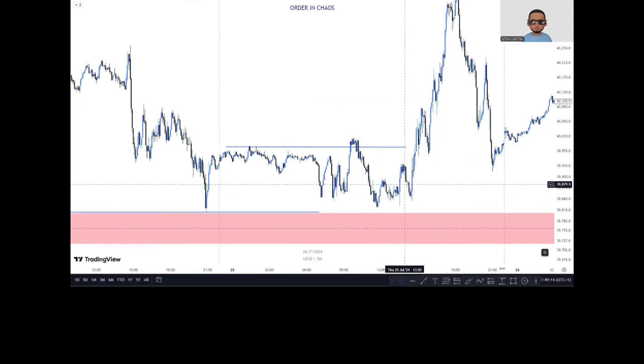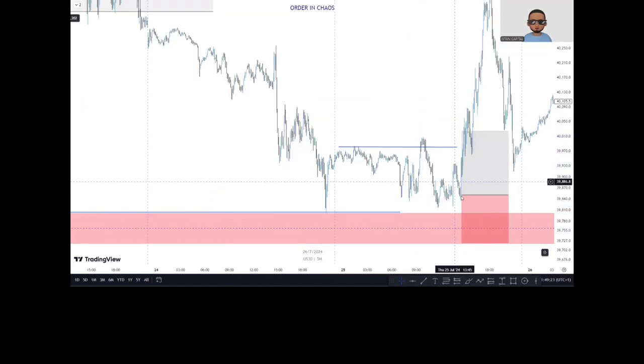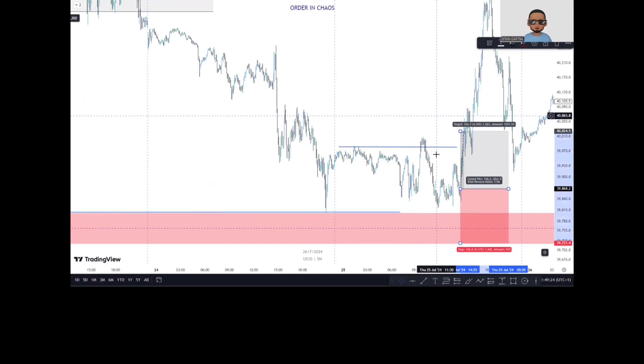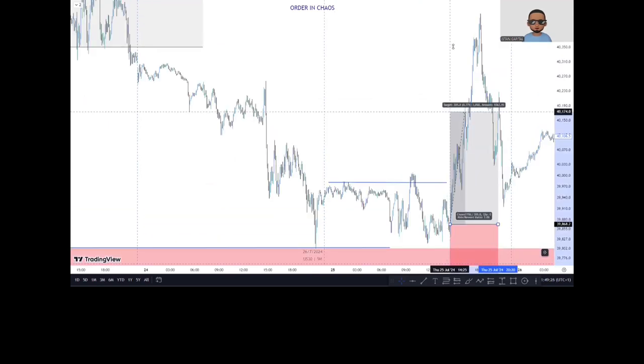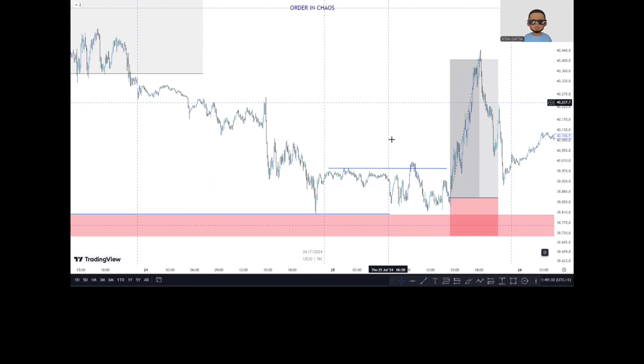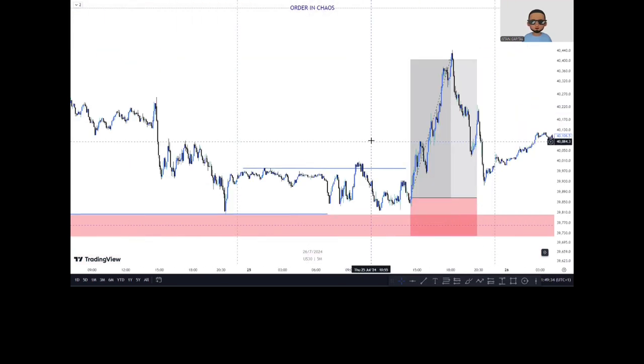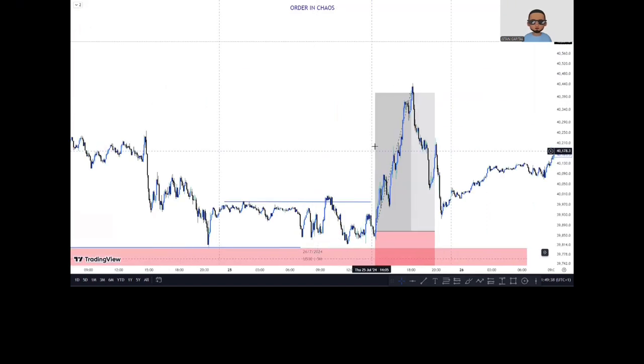So I started buying around here, a little below here. I'm targeting somewhere around there, so 500 plus pips, right? And it proved to be a very good entry.